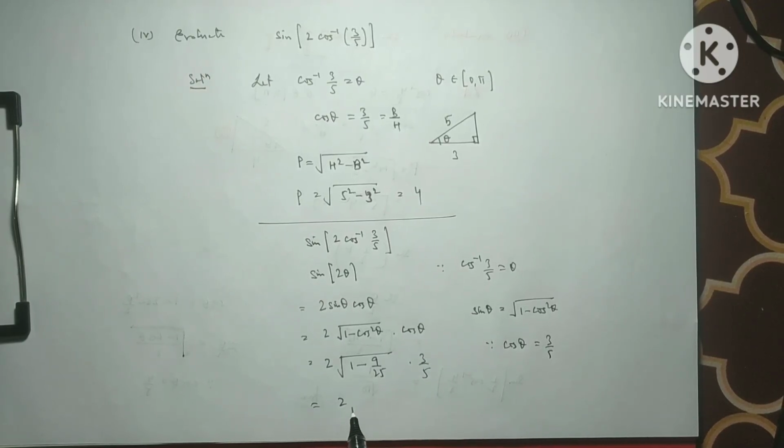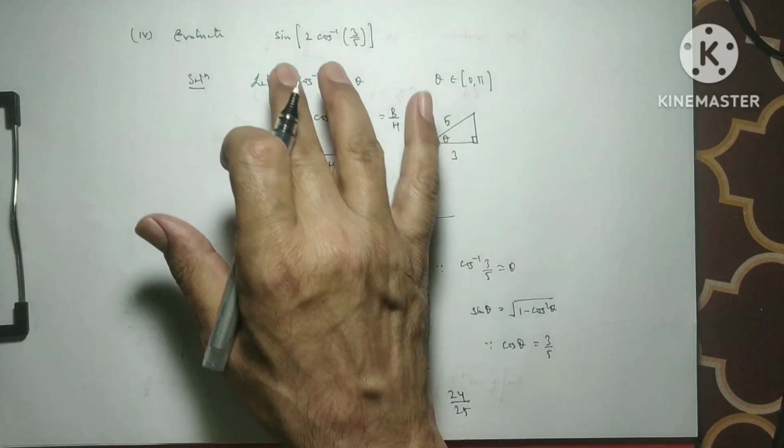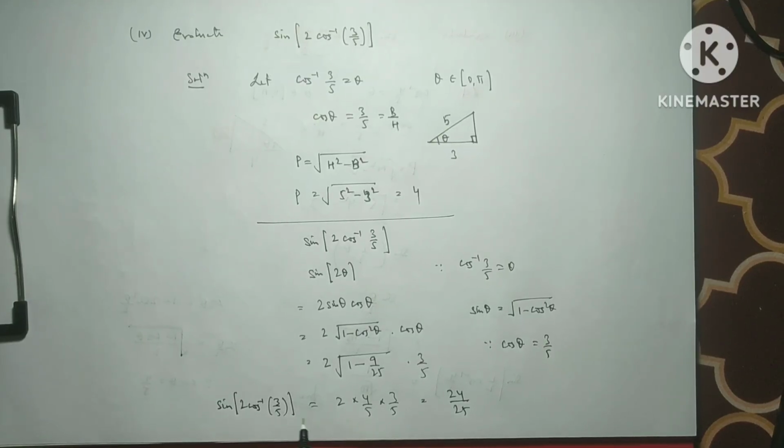So it is 2 into under root 16 over 25, it means 4 by 5, and it is 3 by 5. It means we get 24 over 25. So the answer of sin of 2 cos inverse 3 by 5 is 24 by 25.